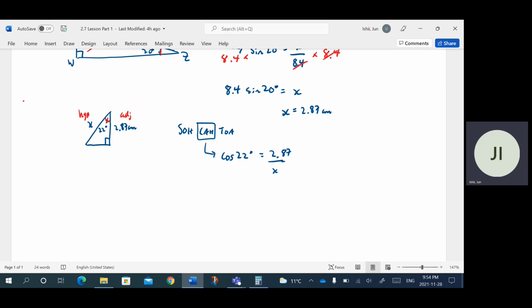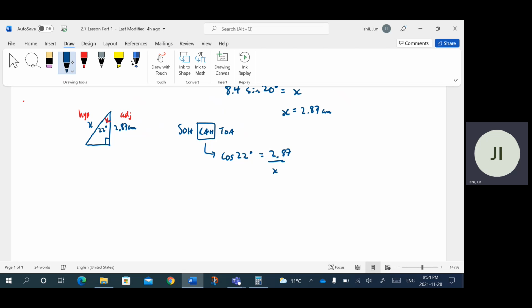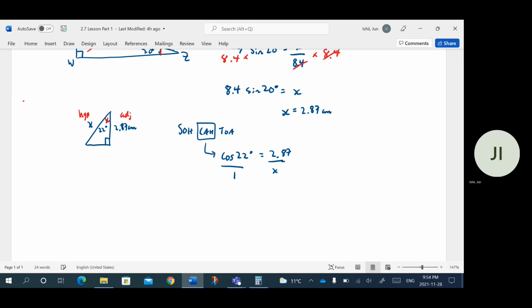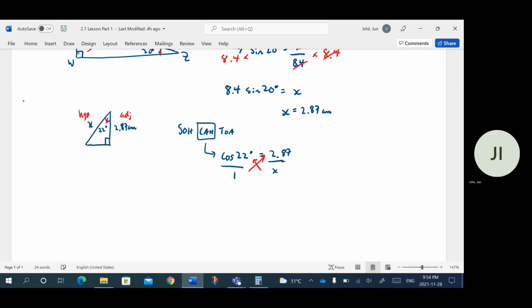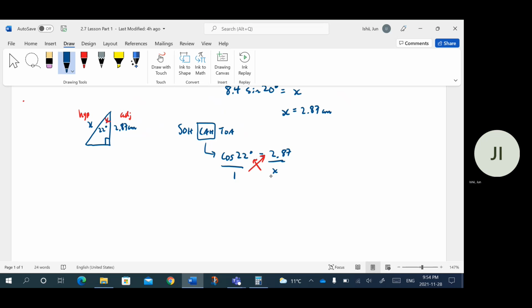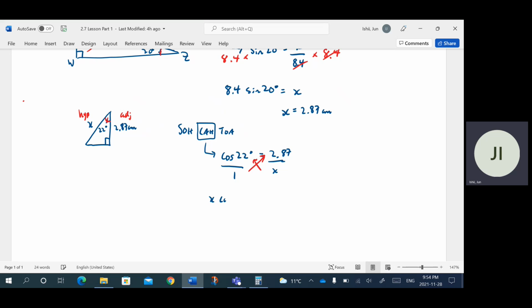Now to solve for x, let's set up a cross multiplication. So x times cosine of 22 degrees equals 1 times 2.87.